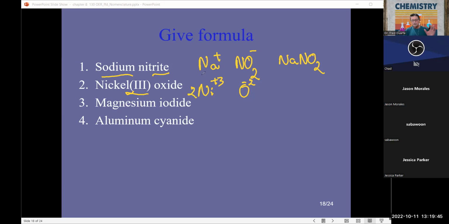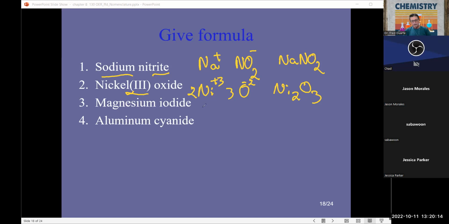Now, most of the time the common number is a 6, but it could be any other number. So far, it's 6. So we need 2 nickels and 3 oxides. Okay, so the formula becomes Ni2O3, for nickel(III) oxide.